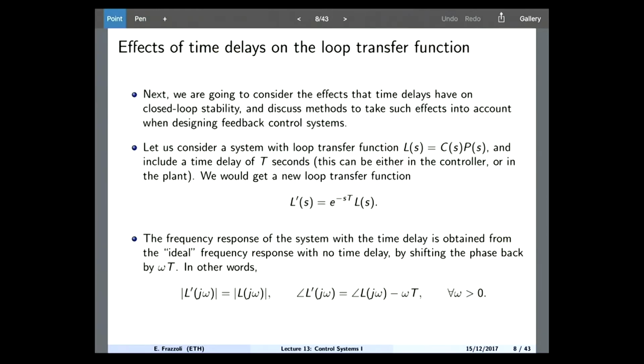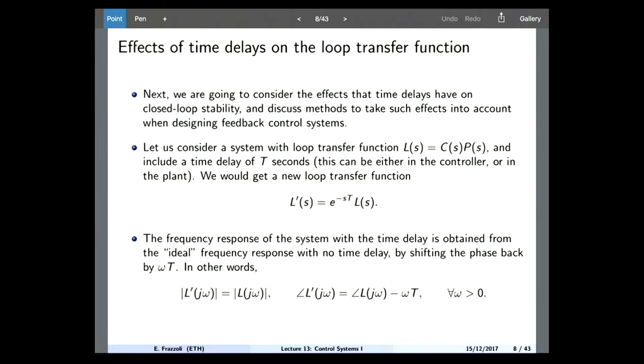So, what is the effect of a time delay on your loop transfer function? Let's say that you have a loop transfer function L of s equal to C of s, your compensator, times P of s. We have a time delay of T seconds. Now the new loop transfer function will be L prime of s, which is your ideal L of s times the transfer function of the time delay.